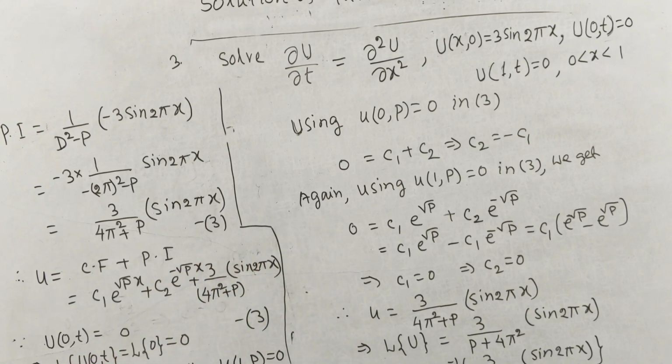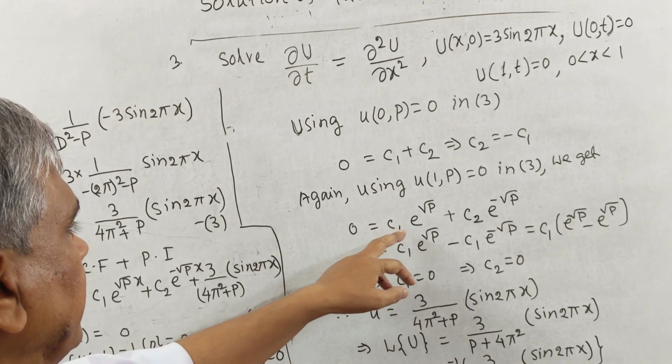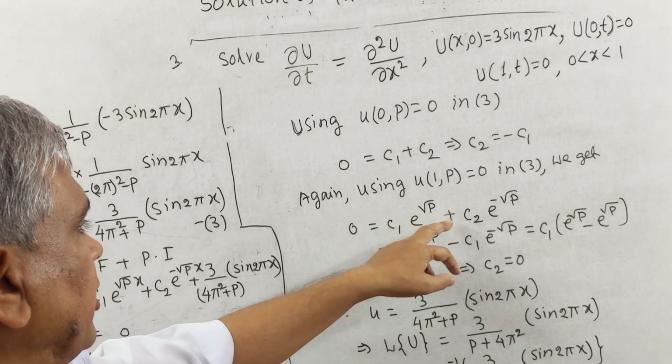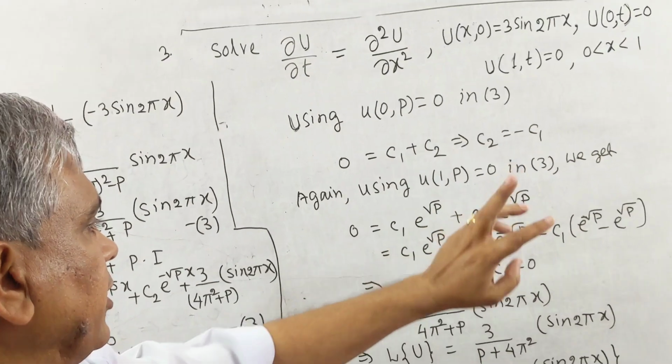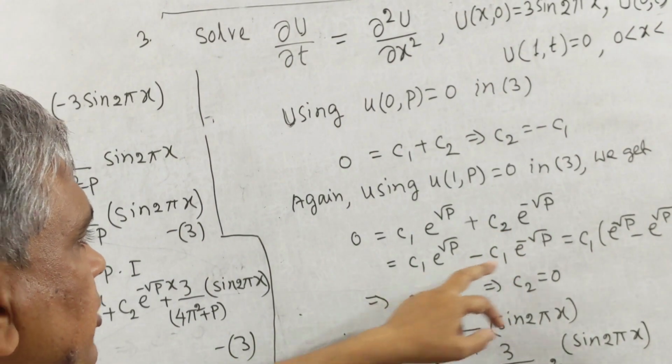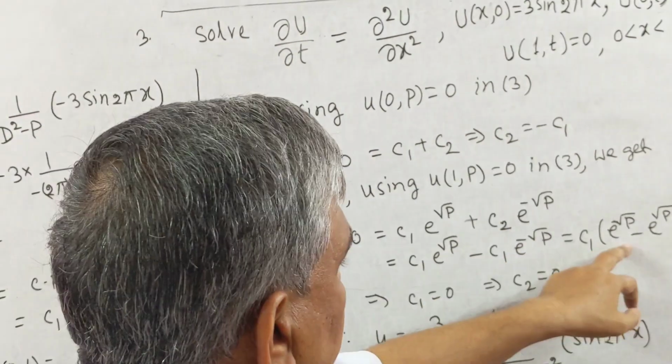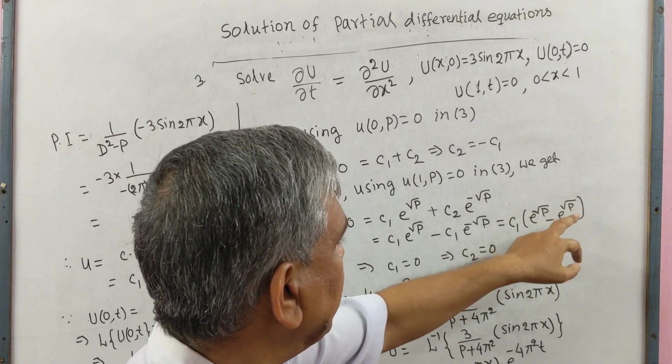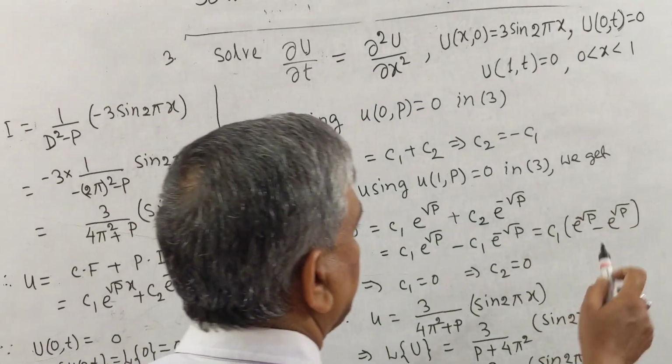So 0 = c1 e^(√p) + c2 e^(−√p). Since c2 = −c1, we take c1 common: c1 (e^(√p) − e^(−√p)).